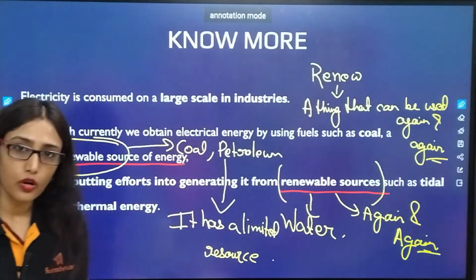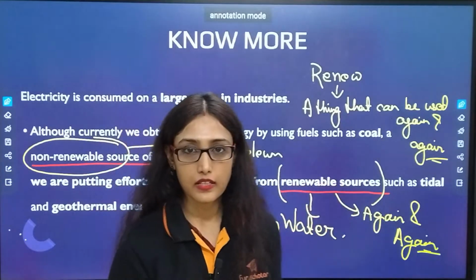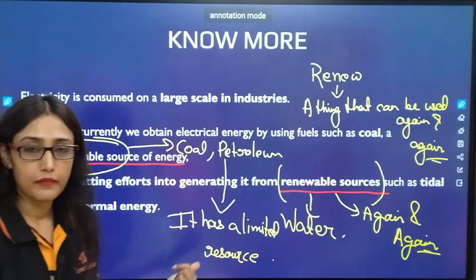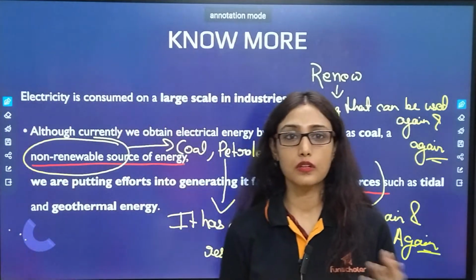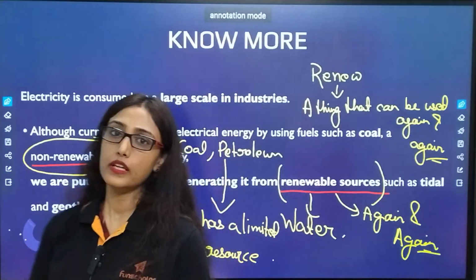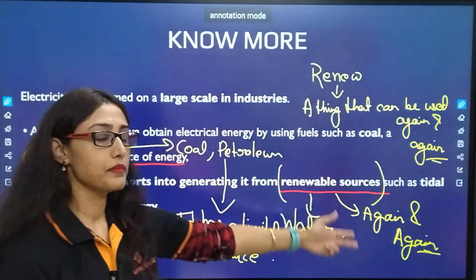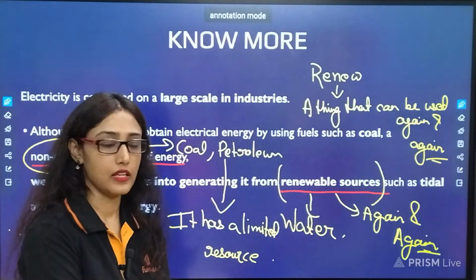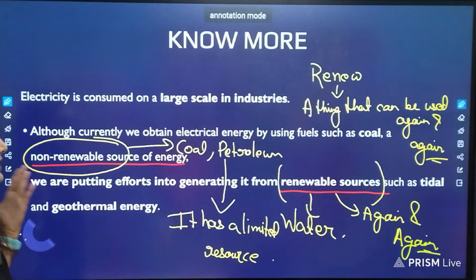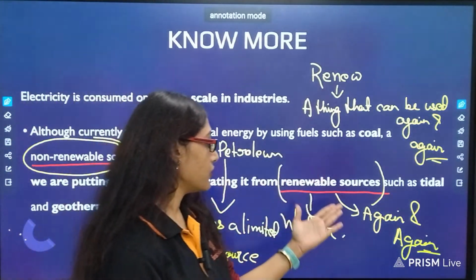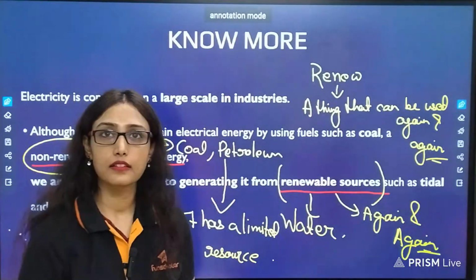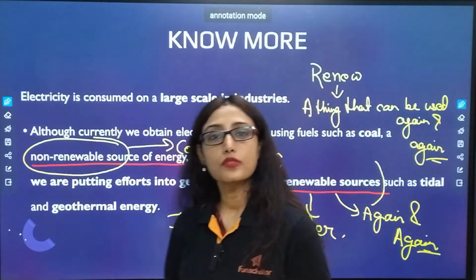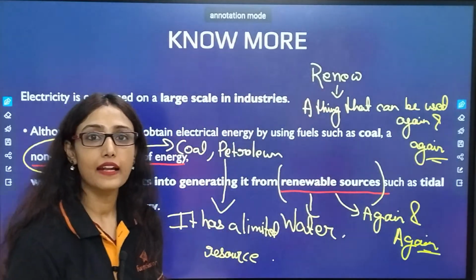And maybe not today, but after 50 years, the way humans are using this coal and petroleum, it will get exhausted one day, and at that time only renewable resources can be used to produce electric energy or other forms of energy. That is the reason India is now putting effort into renewable sources. Some years back, even our trains used to run on coal and diesel.